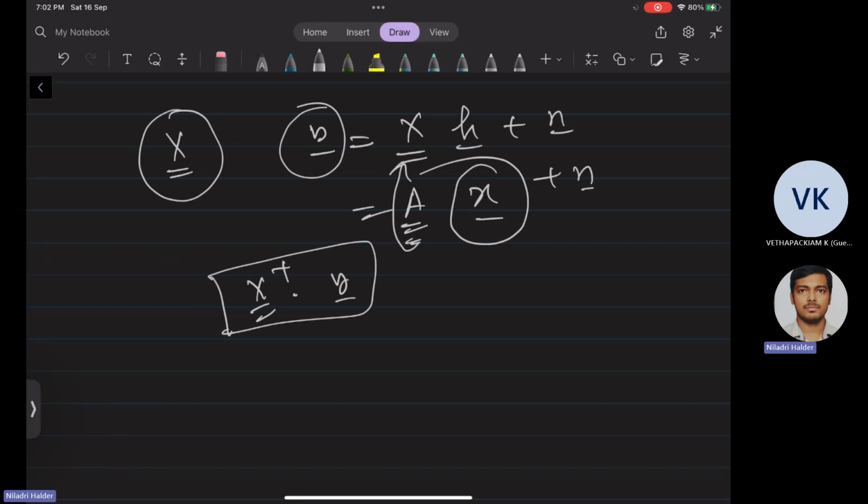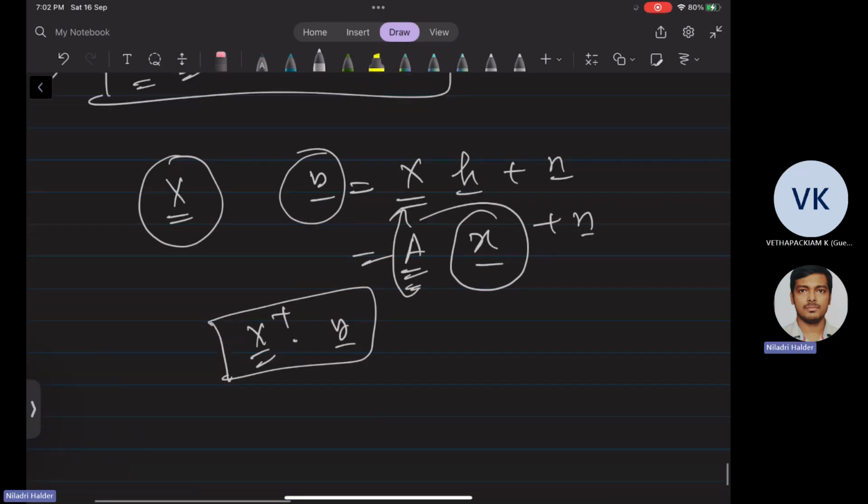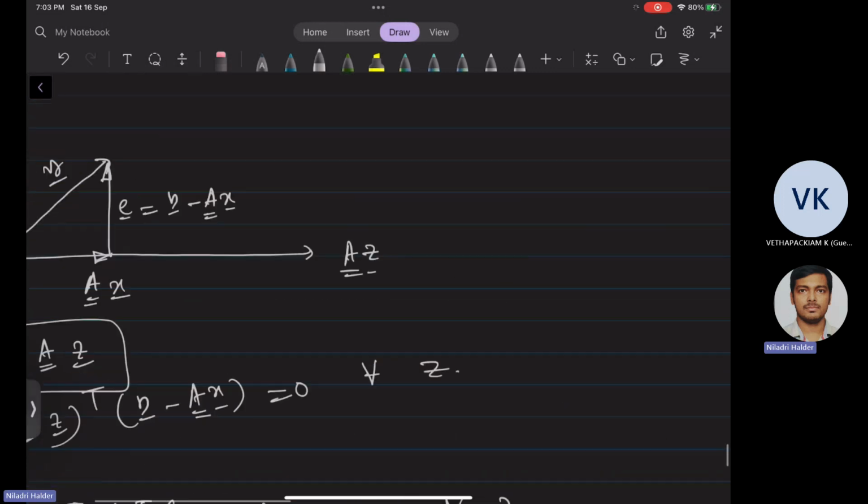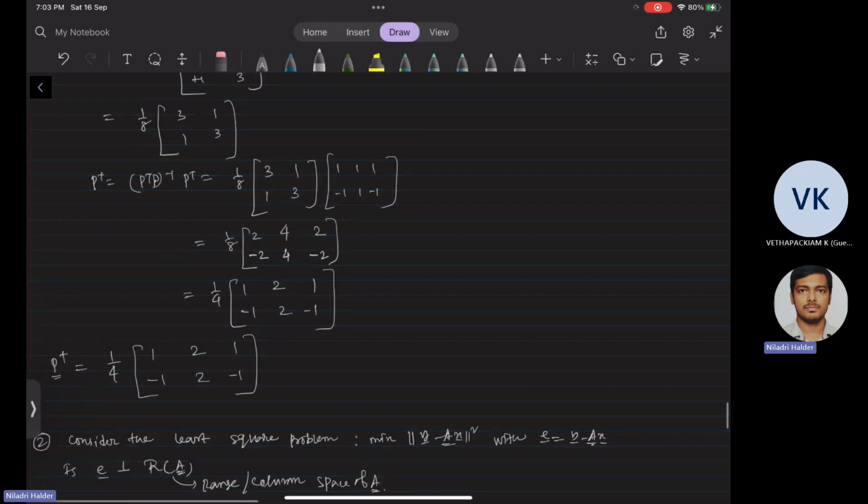This is a question from the assignment, so I can't do it directly, but this is just a least square problem. Yeah, this is the solution. So I found the least square matrix X plus. Understood, right?